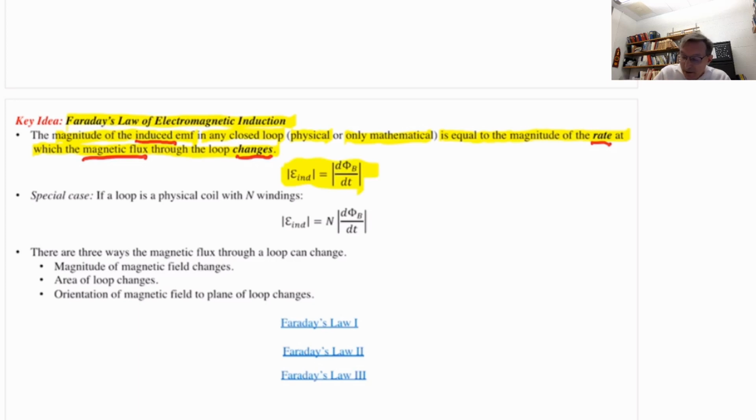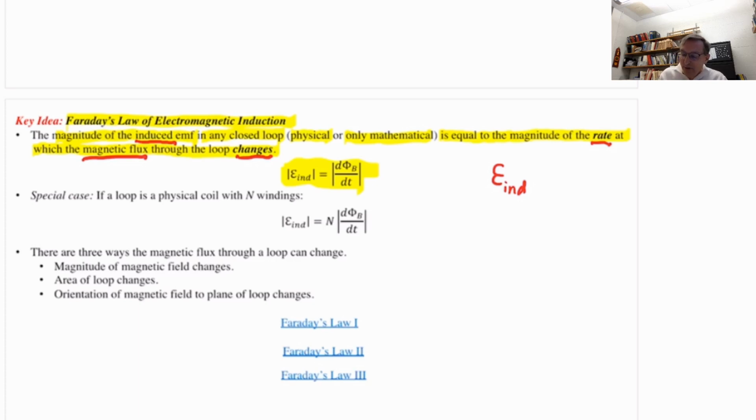Notice the symbol we're going to use for this new kind of EMF. Curly E, like we did for EMF before, but we're adding a subscript, IND, induced EMF, because we're creating this EMF in a completely new way. Has nothing to do with a battery or a power supply.